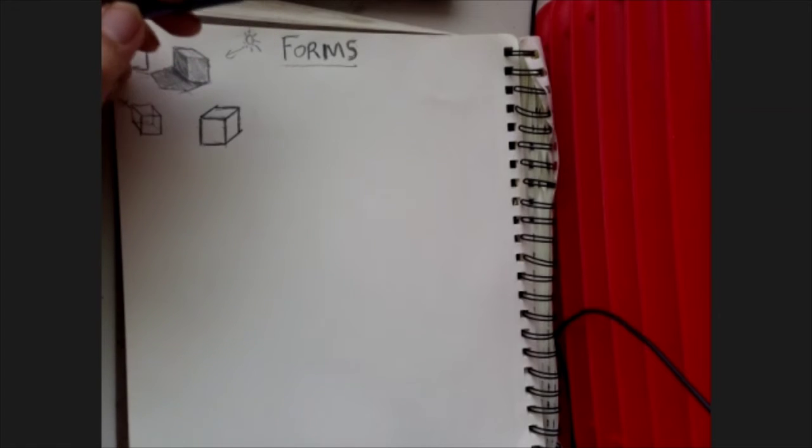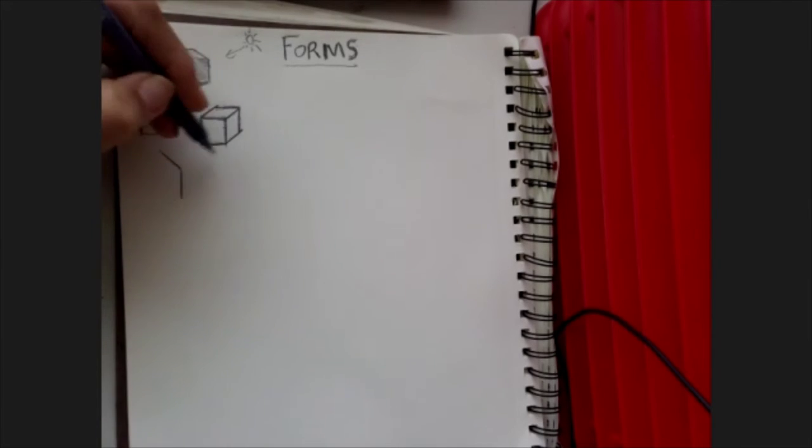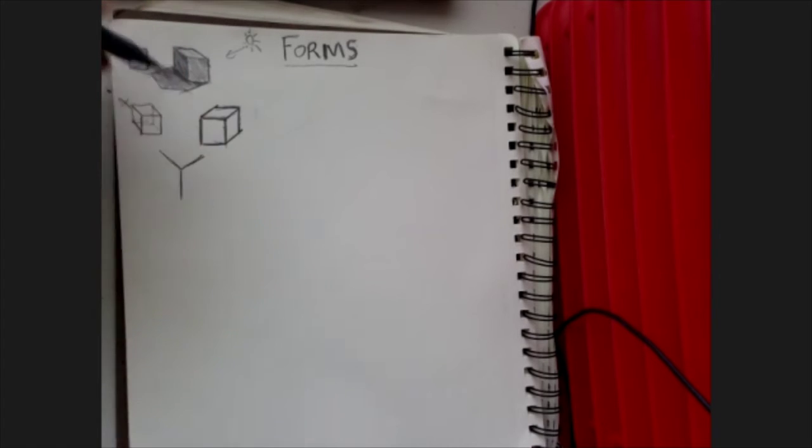Here's the second way to draw a cube that I think is easy. Let's draw a Y. Make sure the top of the Y is kind of spread out some. Now, after you do that, we got to do the bottom part.